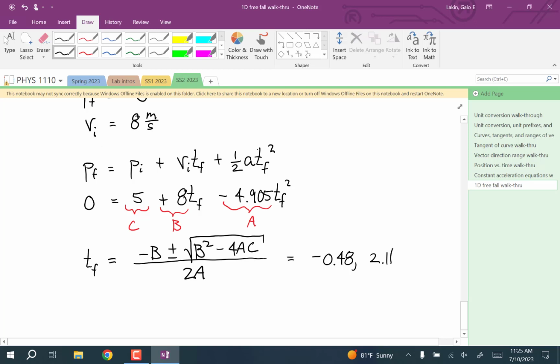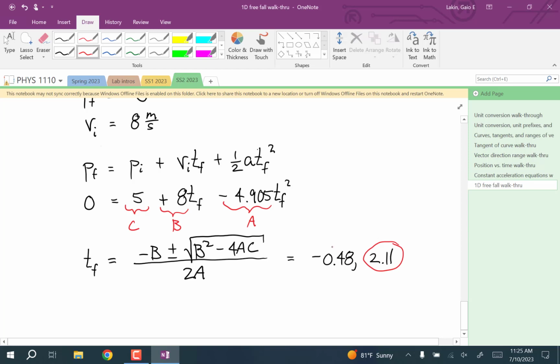Okay, whenever you get two answers in this class, you have to think about why we want one and why we don't want the other one. So think for a second, which one of these do we want? The answer is easy anytime in this class. We're looking for a time. Well, anytime a negative time is one of your answers, I guess.